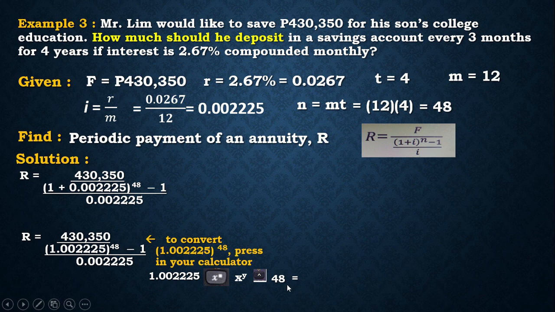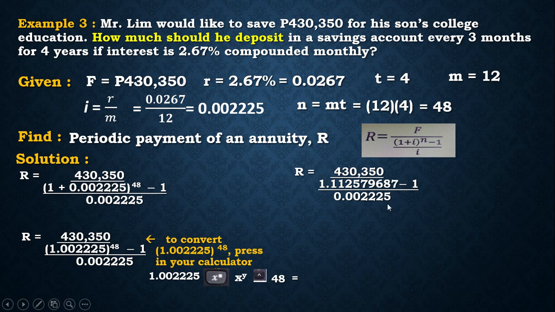Kapag na-press na po natin yan, by converting this part, ito po ang mangyayari. So, kinonvert po natin itong part na to. Dito wala po tayong ginalaw. At dito, by pressing this, for the conversion of this, ito po nangyari sa kanya. 1.112579687.